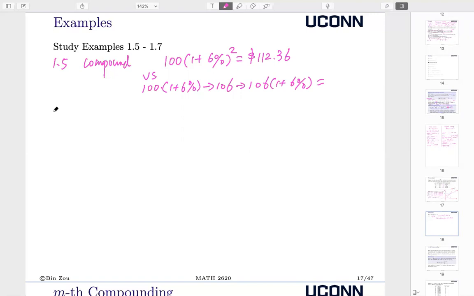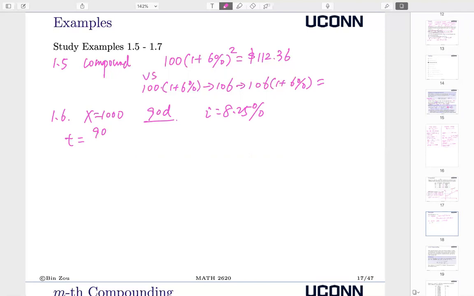Example 1.6. Carmen borrows $1,000 for 90 days at an annual effective interest rate of 8.25%. What will the total payment be in 90 days? So we are going to convert 90 days into the number of years.